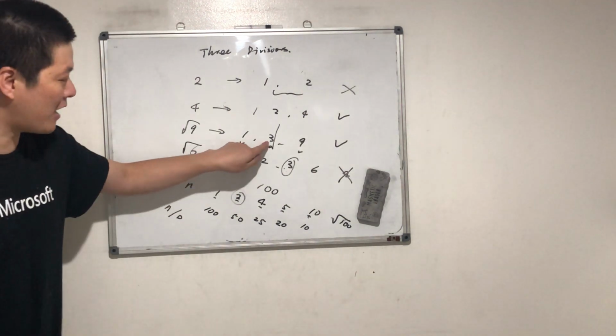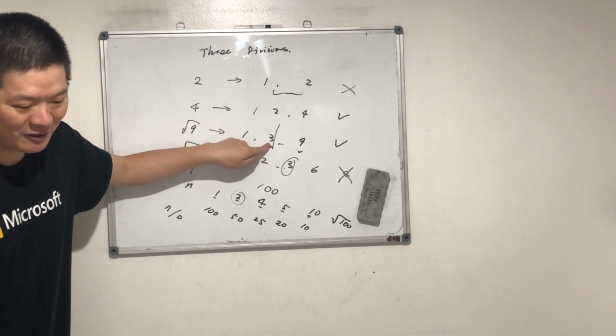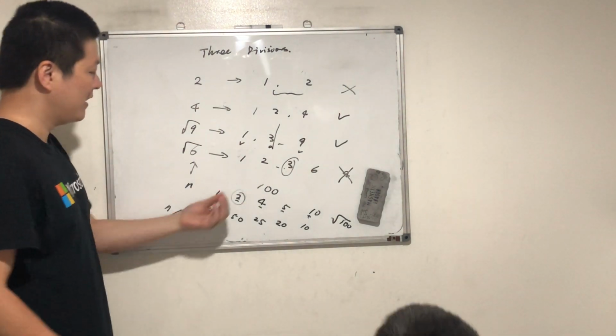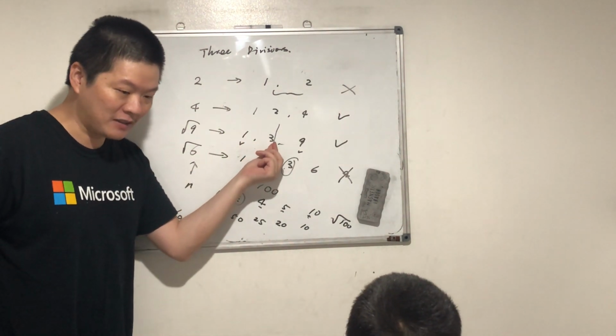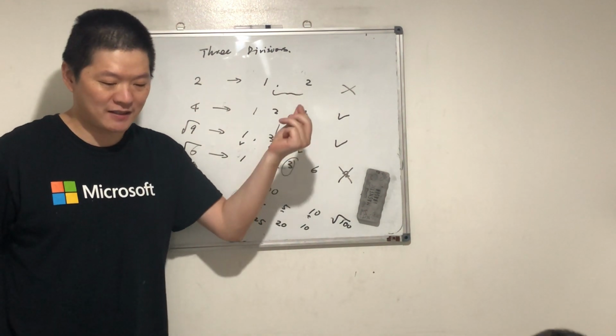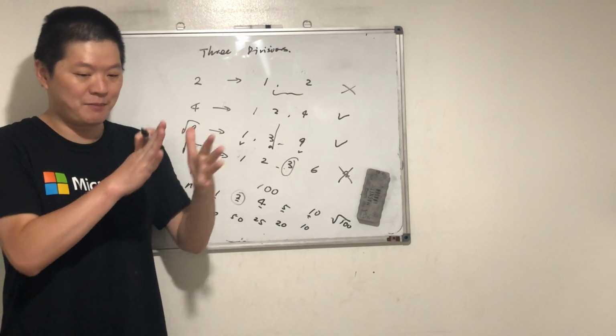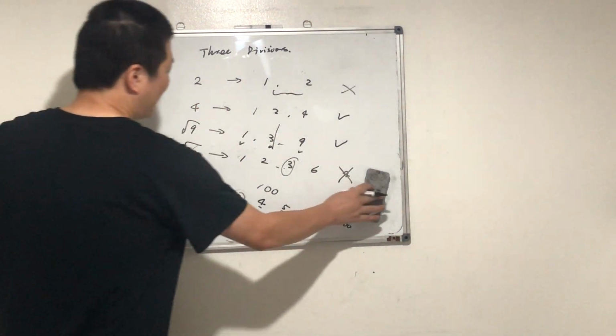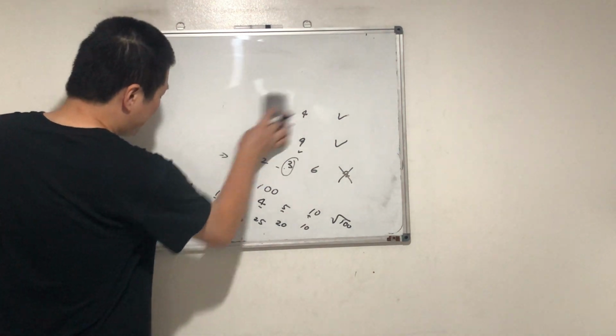Because I have 3, and the other half is also 3. This is a special case when the number times itself is n. These two divisors collapse into the same one, so we just need to check the divisor. And that's it. Easy peasy.